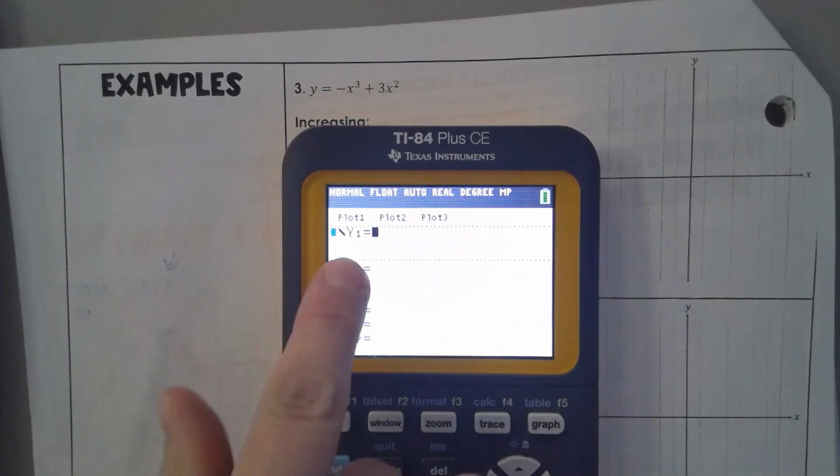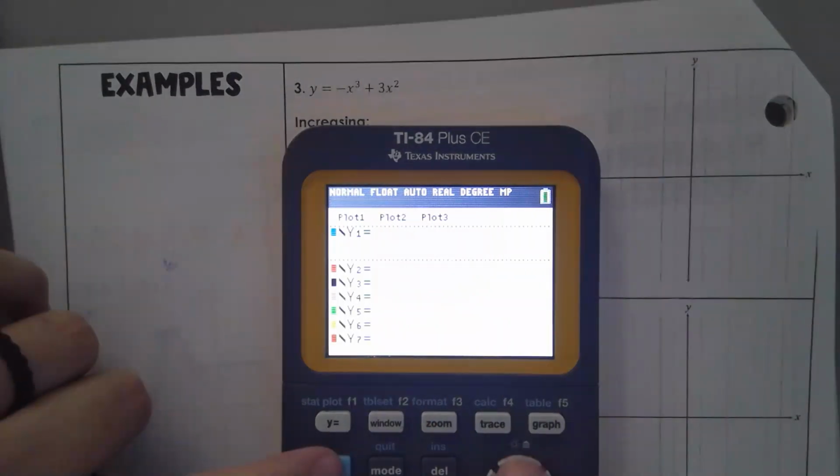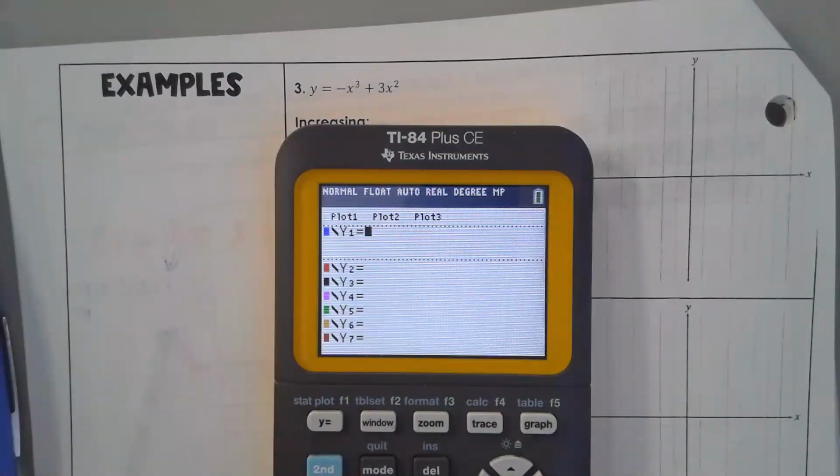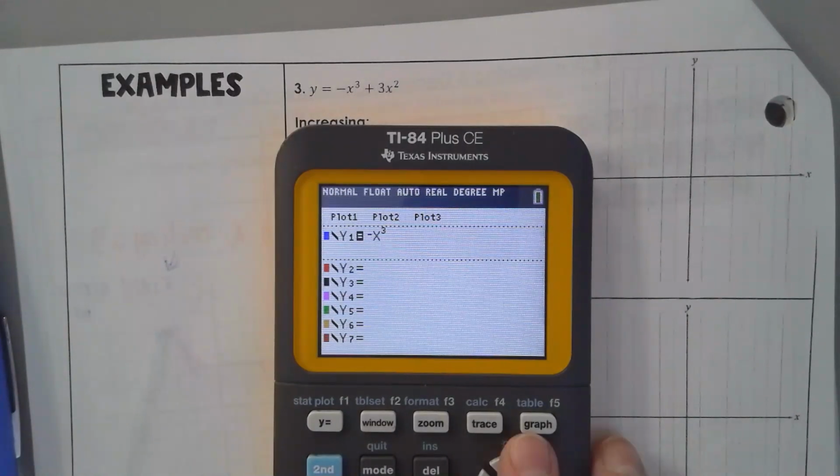So you're going to go into your y equals and type in negative x cubed plus 3x squared.